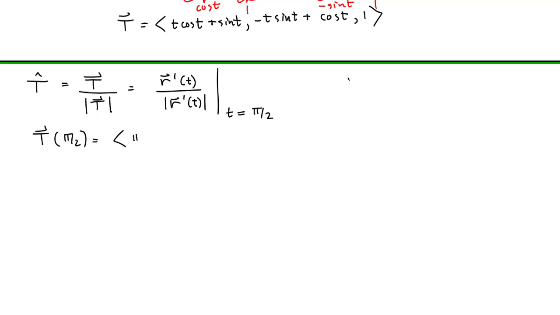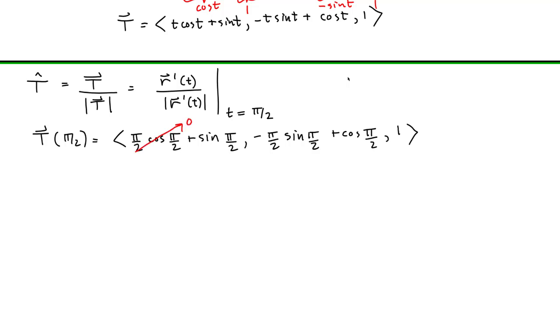This then becomes pi over 2 cosine of pi over 2 plus sine of pi over 2 for the x component, and then minus pi over 2 sine of pi over 2 plus cosine of pi over 2 for the y component, and then 1 for the z component. Well, we know that the cosine of pi over 2 is 0, so each term with the cosine of pi over 2, we're going to evaluate that to 0.